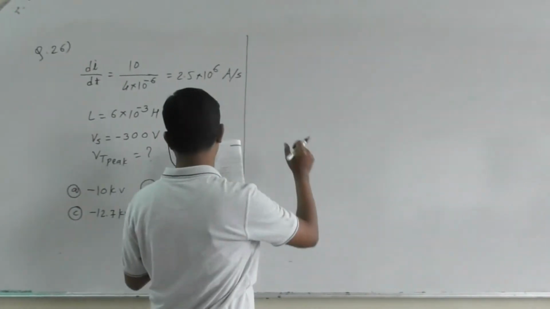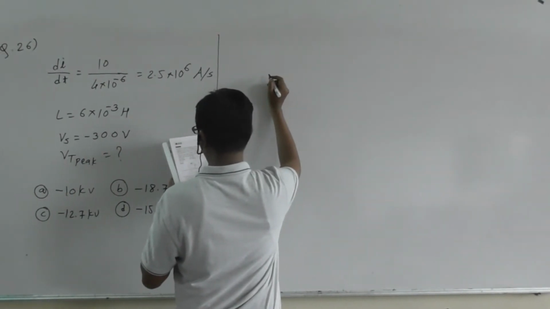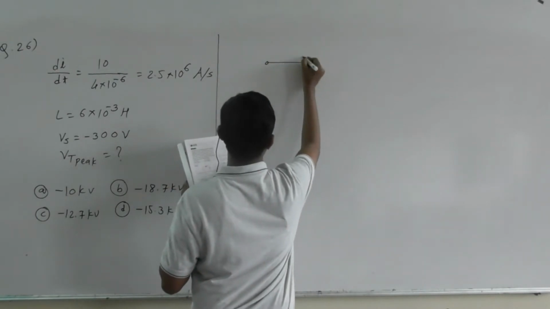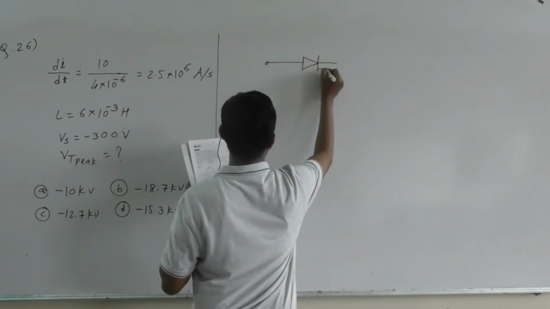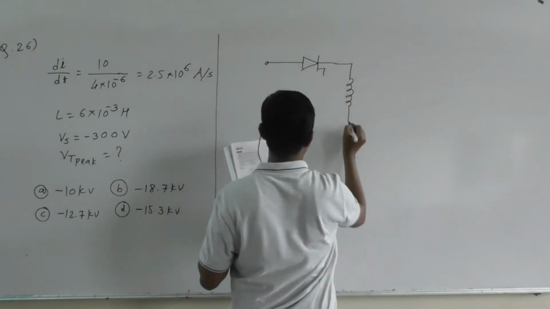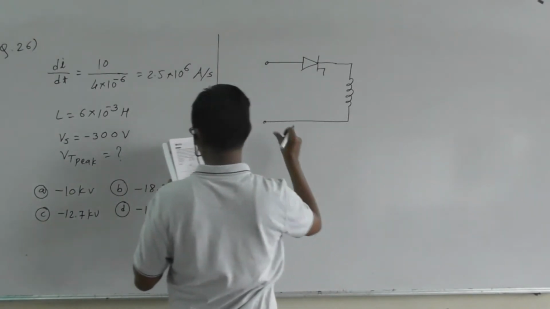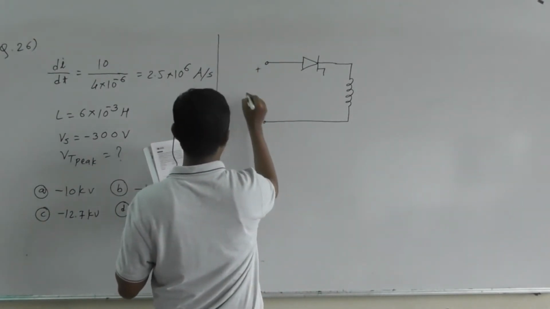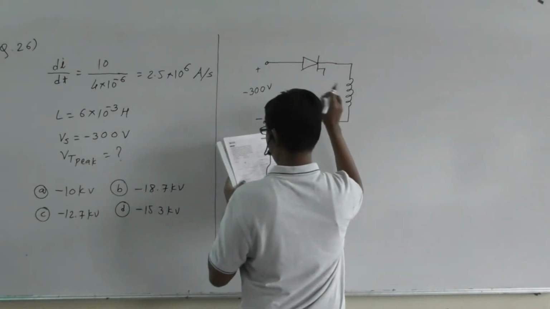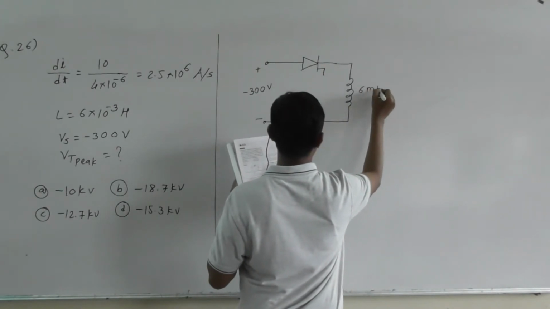Yes, a thyristor is connected in series with inductance with no resistance, right? So here we have a thyristor connected in series with only inductance, and we have applied a voltage of minus 300 volt. This voltage is minus 300, right? Next, this is 6 millihenry.